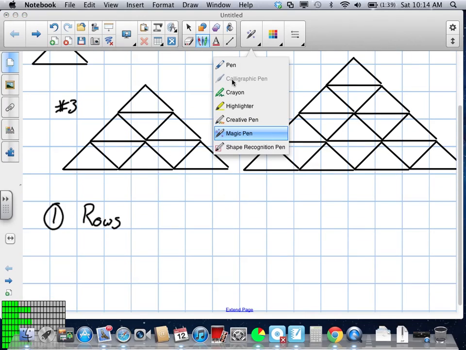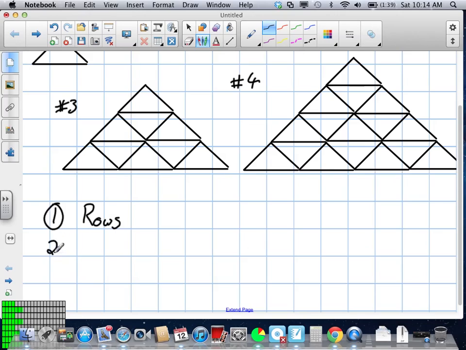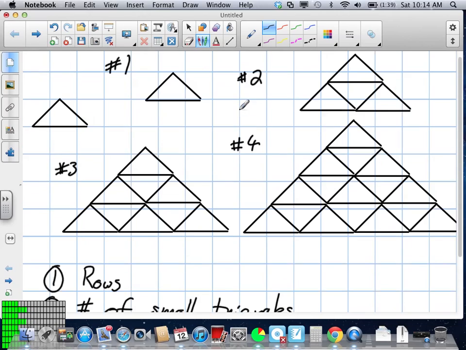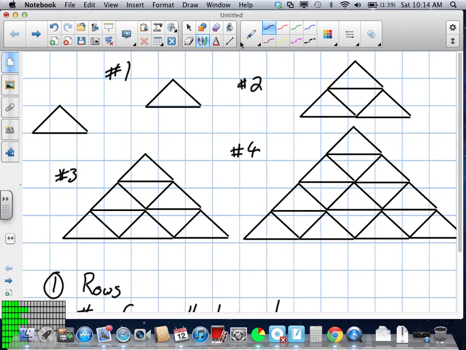The next question they asked us to talk about was number of small triangles. Okay, so let's go back up here. Let's make a little pattern here. How many small triangles are in the first one? One.